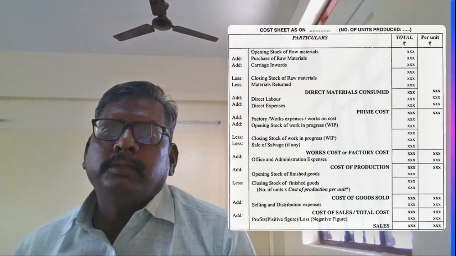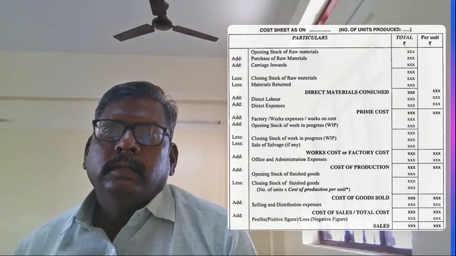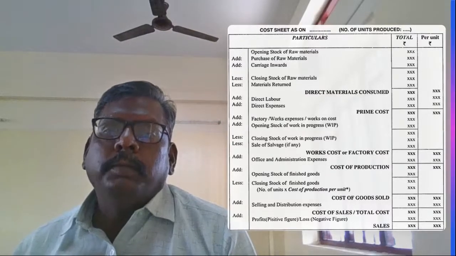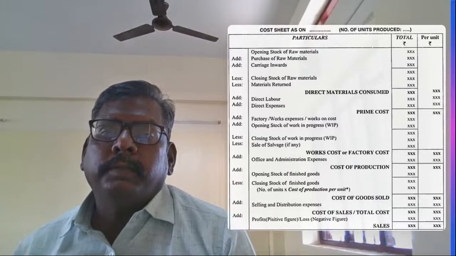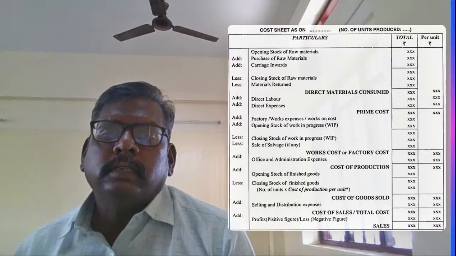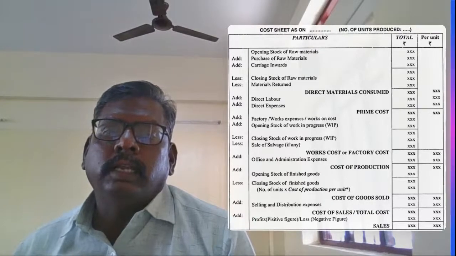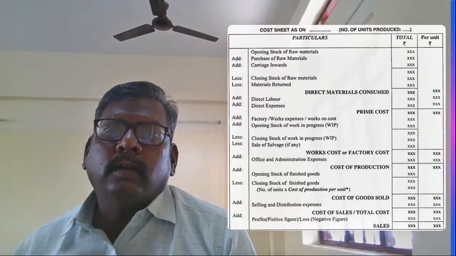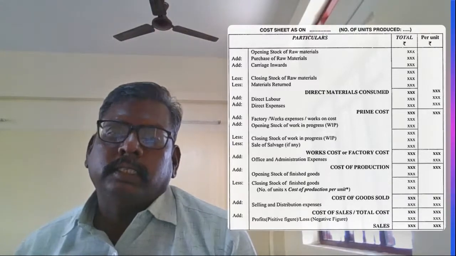Maybe salary to the clerk, rent paid for the office room, or the electricity charges we are paying for office purposes. These are all the costs we can incur there. After adding that cost, we get the cost of production.